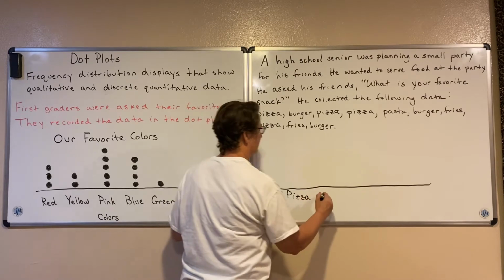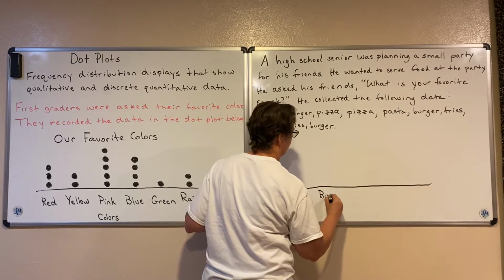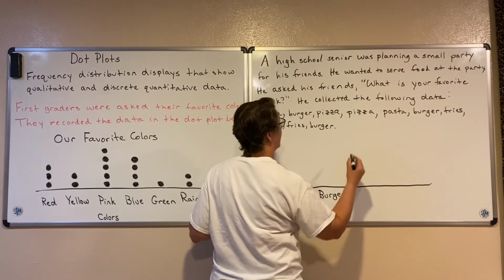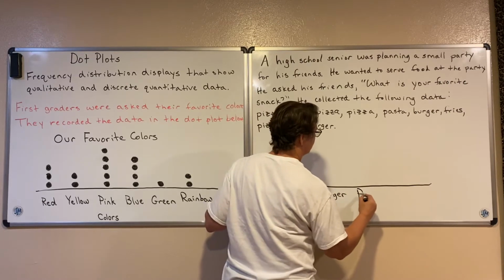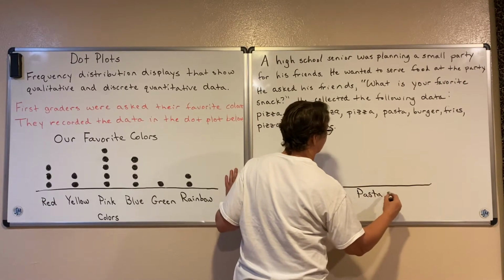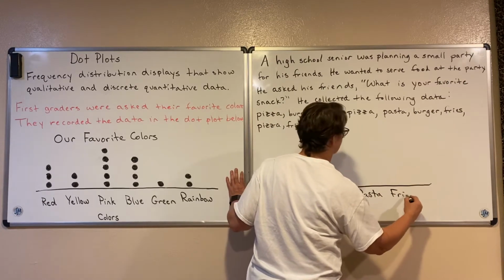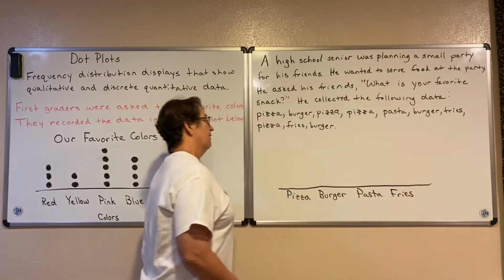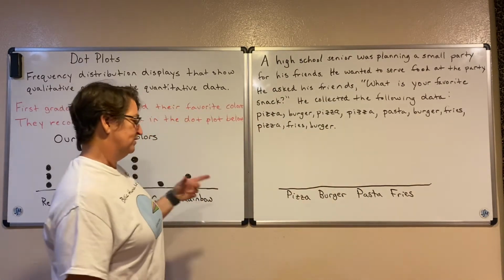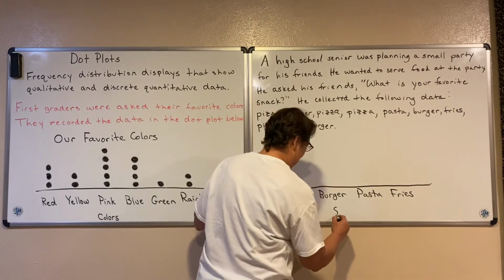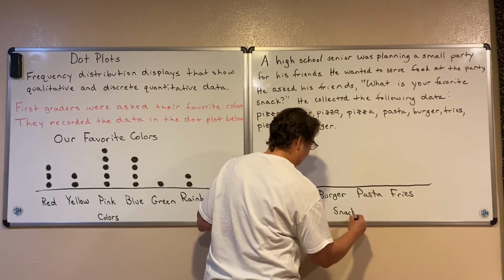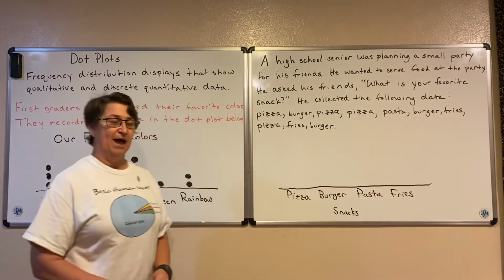Burger was a choice. Pasta was a choice. Fries was a choice. And those were all the different choices. And these are snacks. So again, I'm just putting those labels on my axis.